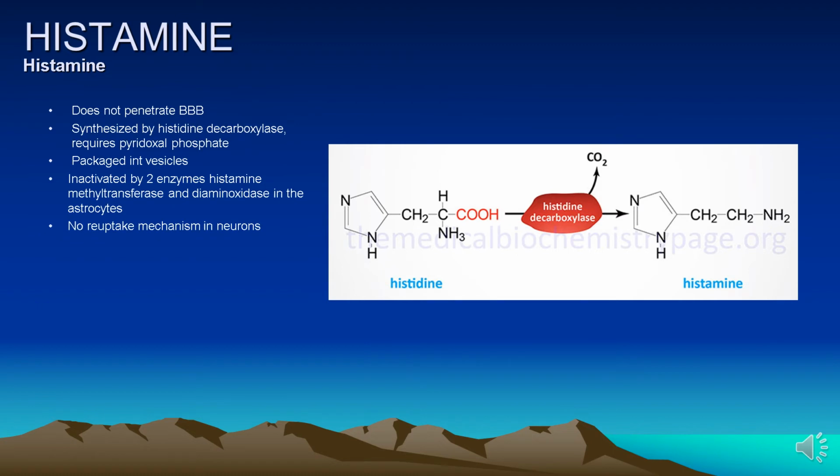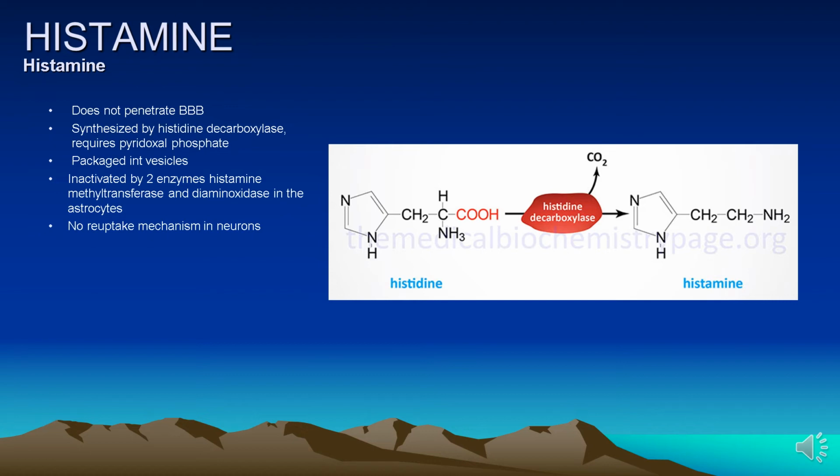Histamine is synthesized from histidine by the histidine decarboxylase that requires pyridoxal phosphate. It does not penetrate the blood-brain barrier.